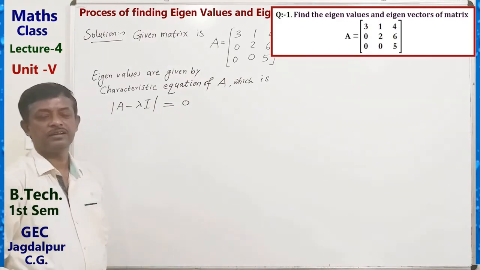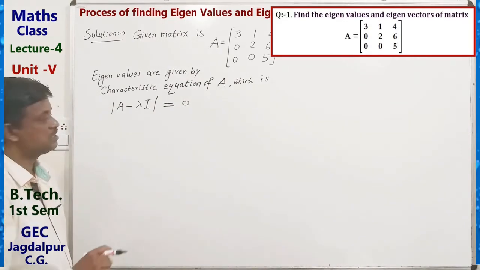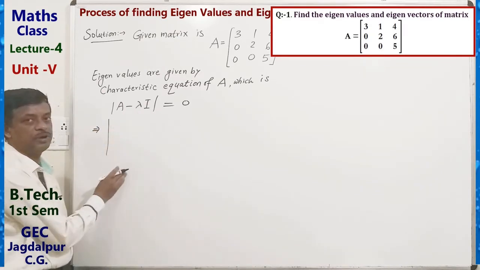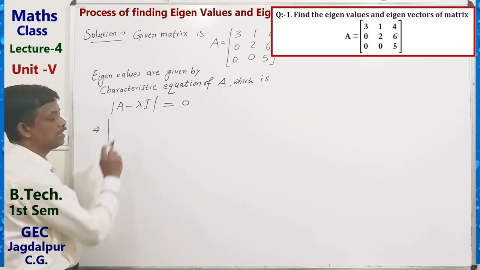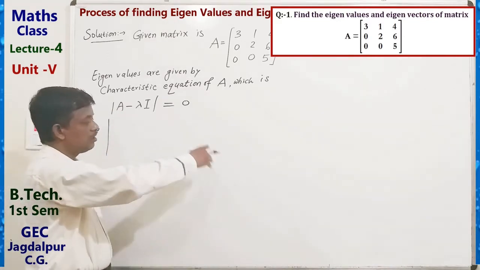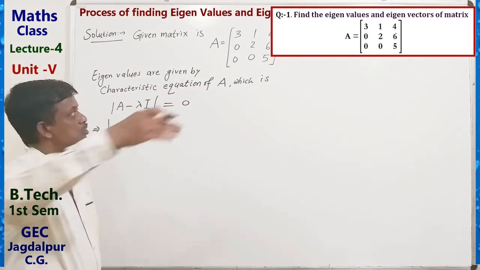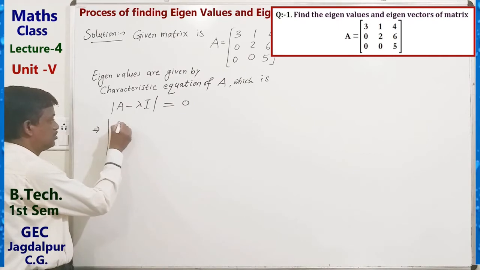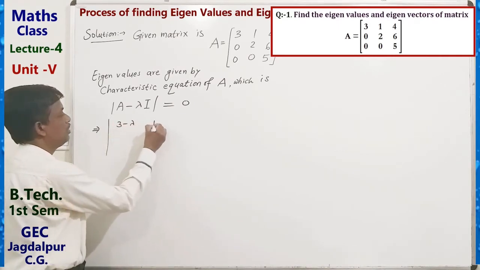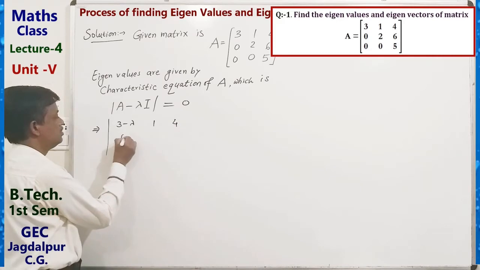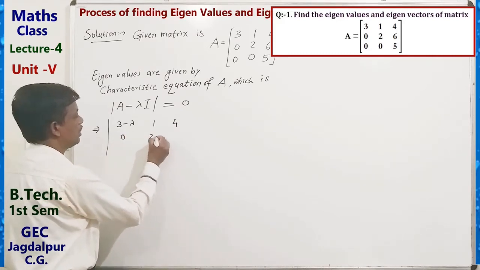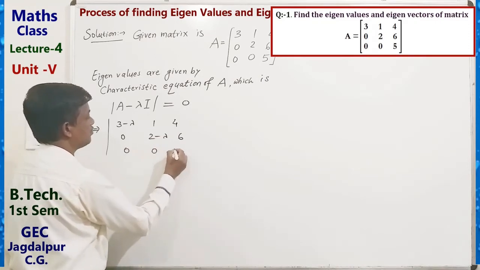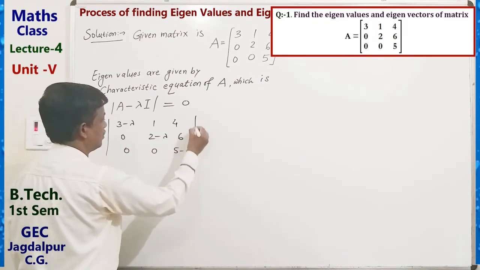Now we have to find the characteristic equation, that means the value of the determinant. Here A minus lambda I means the diagonal elements are subtracted by lambda. So we get 3 minus lambda, 1, 4; 0, 2 minus lambda, 6; 0, 0, 5 minus lambda.